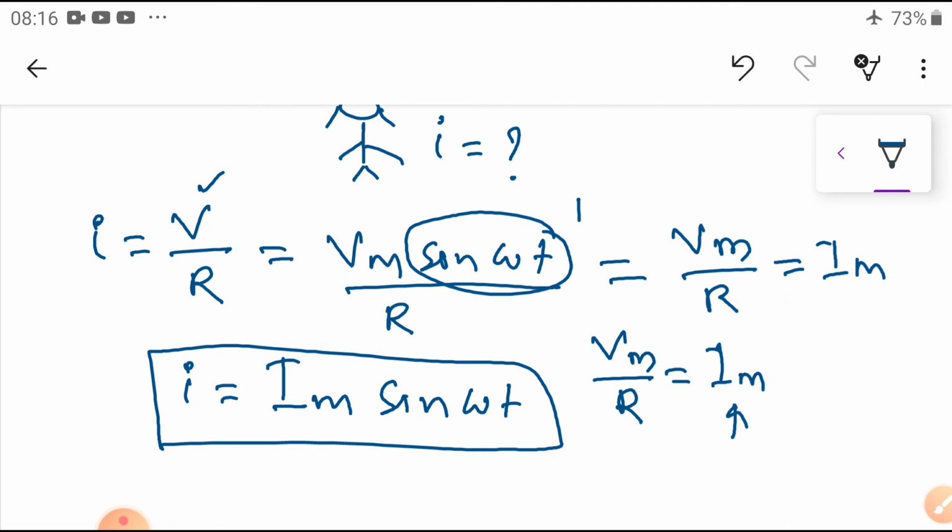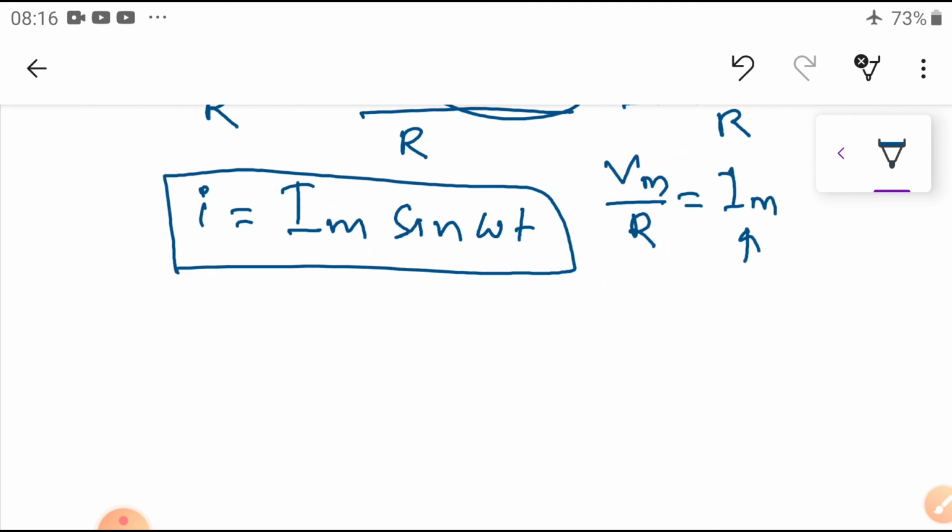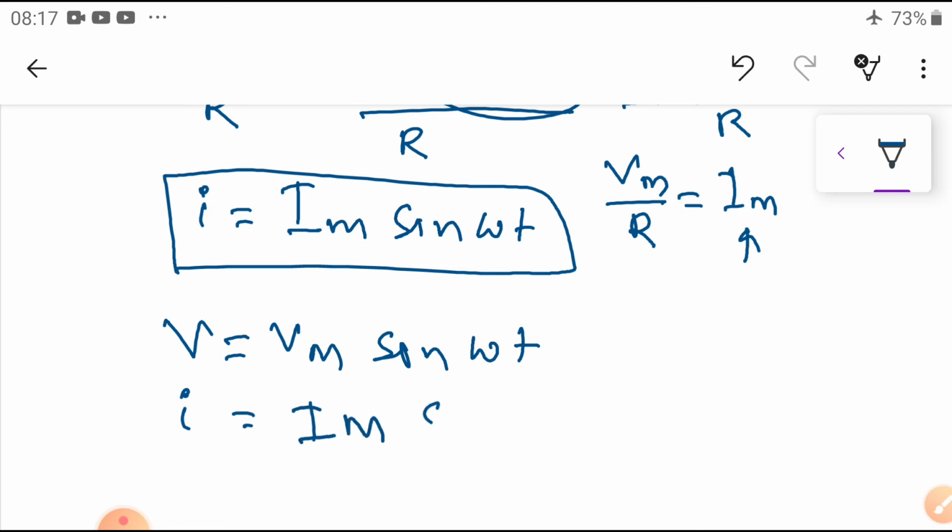The quarrel, the dispute between the father and mother, is 0, and what we require now is the grandfather relation. Let us see that also. So we have seen that v is equal to Vm sine omega t and i is equal to Im sine omega t. This is the first equation, the father, and this is the second equation, the mother.